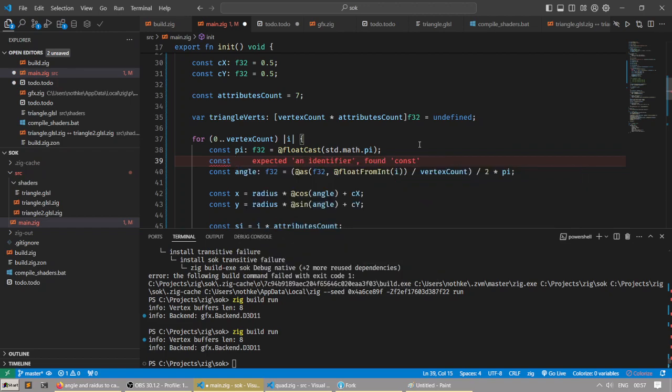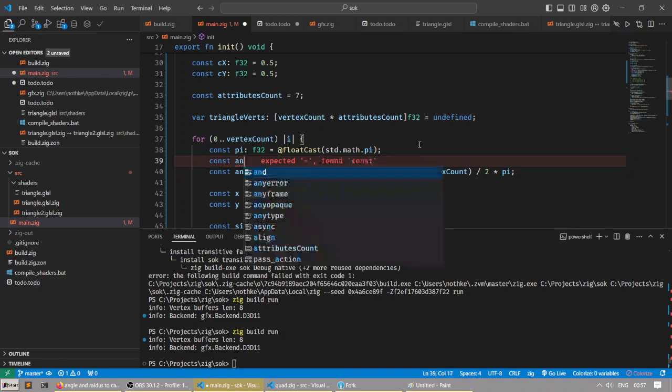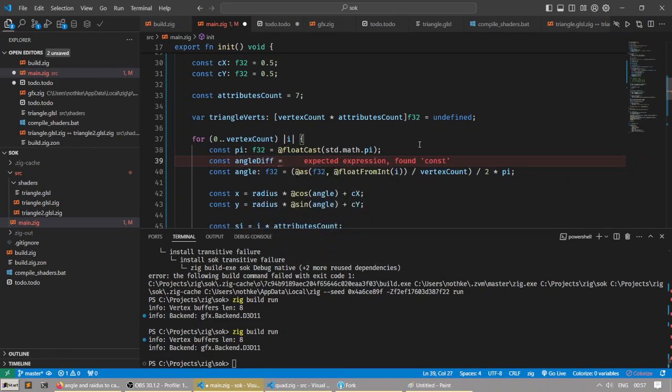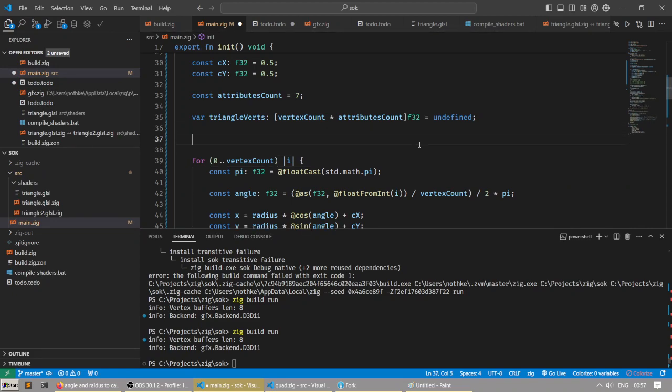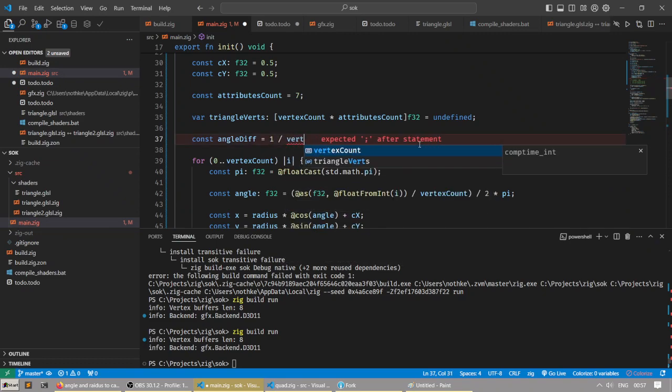How can I call this? Angle. Yeah, let's actually do an angle difference before everything. And angle difference is gonna be 1 divided by vertex count, right? But it's gonna be F32, and we're gonna do a 1 by.